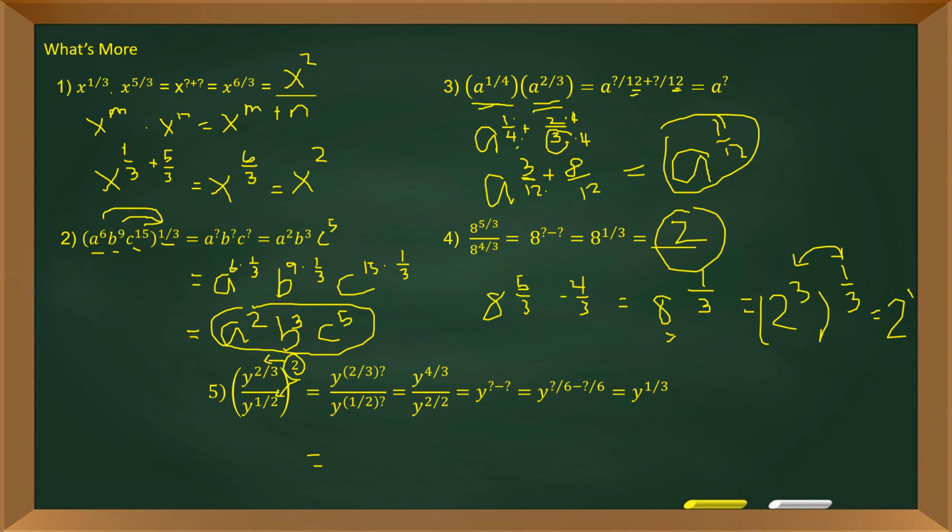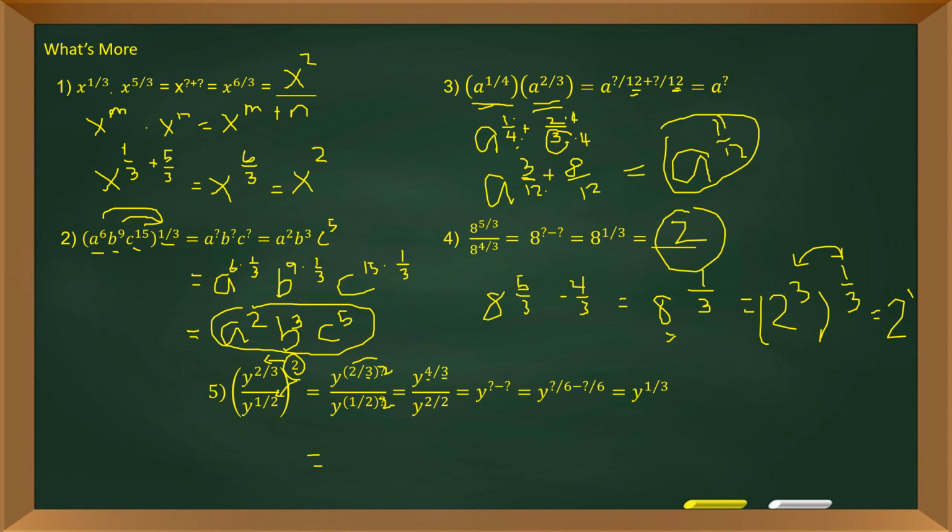Let's fix this. This should be 2, and here is 2. Then multiplying 2 times 2, here is 4, and since the denominator is 3, then still it's 3.